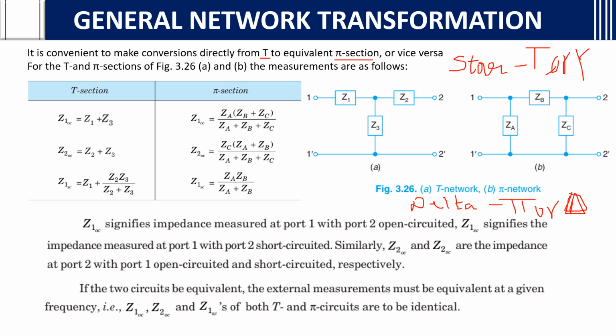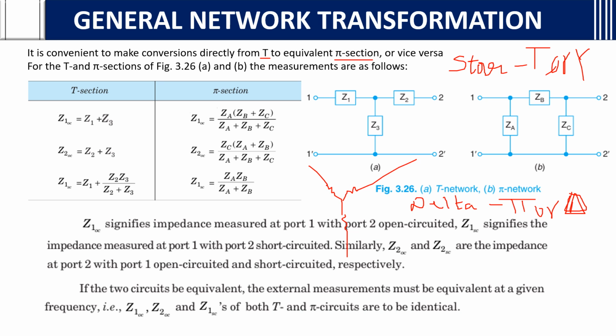Why like that? If you rearrange them, it looks like a star. If this is one resistor and this is one resistor and this is one resistor, in this form it looks like a star and also like a Y. So it is known as T or Y network.